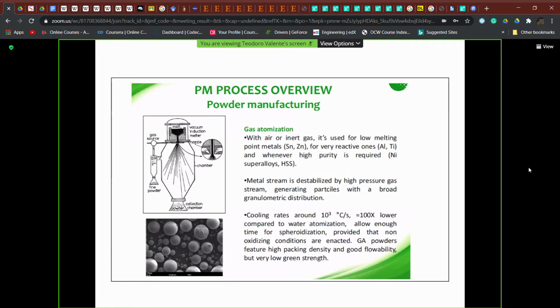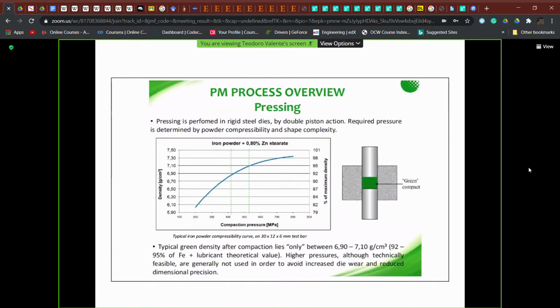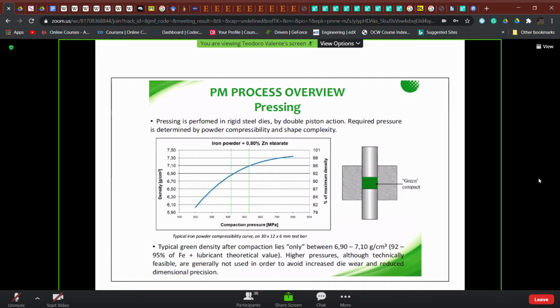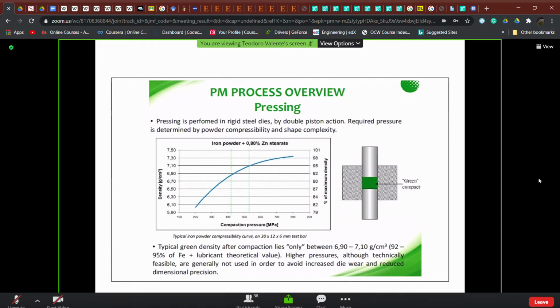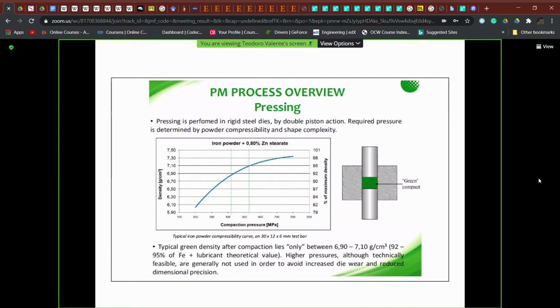After powder fabrication, we need to press, and the first step, as we said, is to form a green compact, where in some cases we can also use some binders, and pressing usually is performed in rigid steel dies.